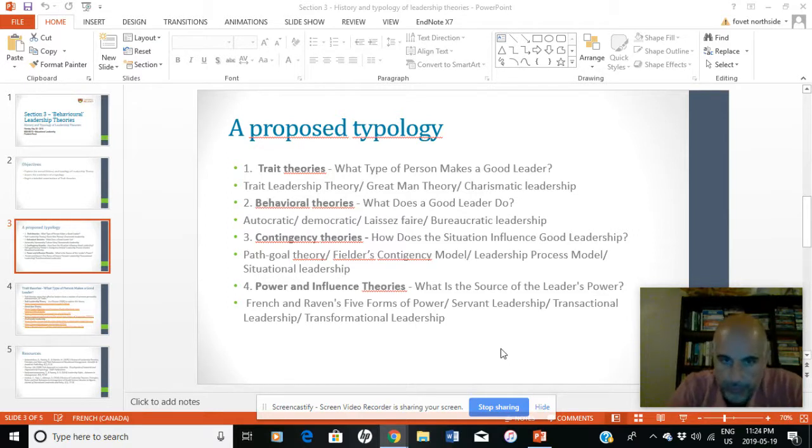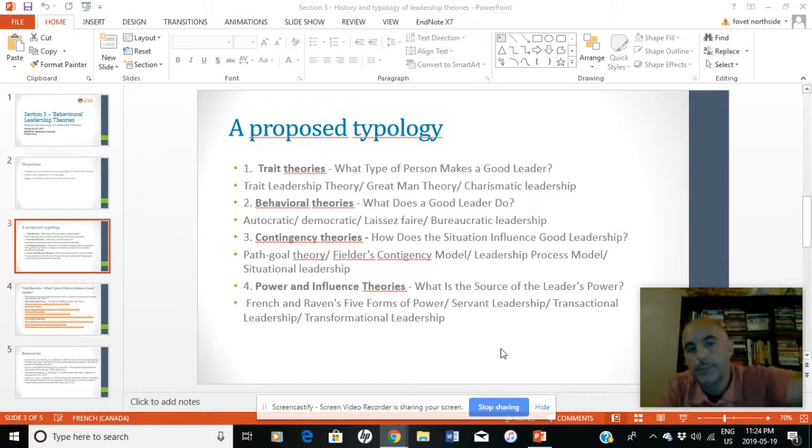So the typology I suggest for you for the duration of the course is, the first one would be trait theories. What's going to be a little bit confusing is that trait theory is also a theory that you find within that category.